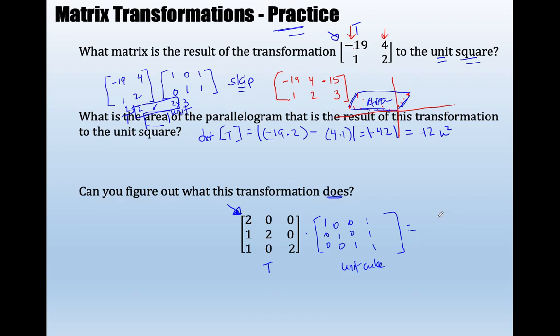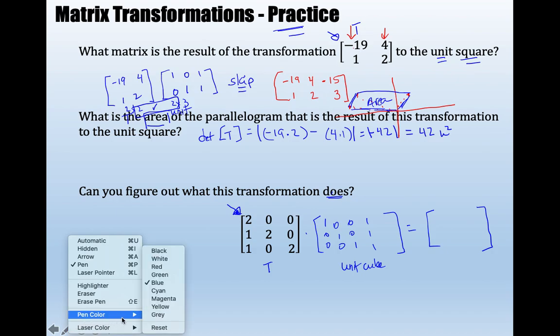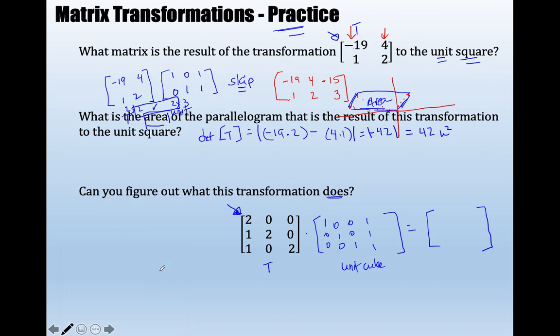But using our pattern, you don't actually have to multiply, although multiplying with these 1s and 0s is no big deal. The columns that represent the x, y, z unit position vectors are 2, 1, 1, 0, 2, 0, and 0, 0, 2.